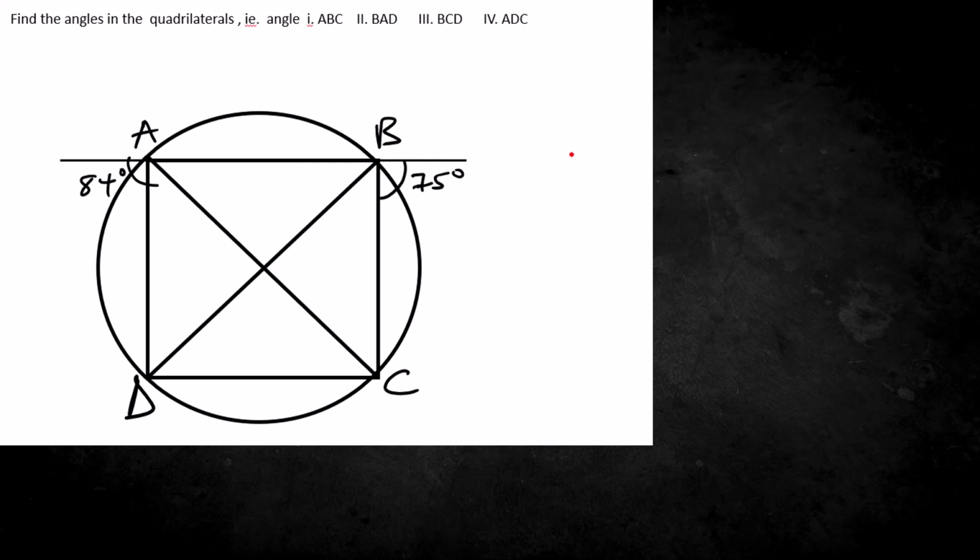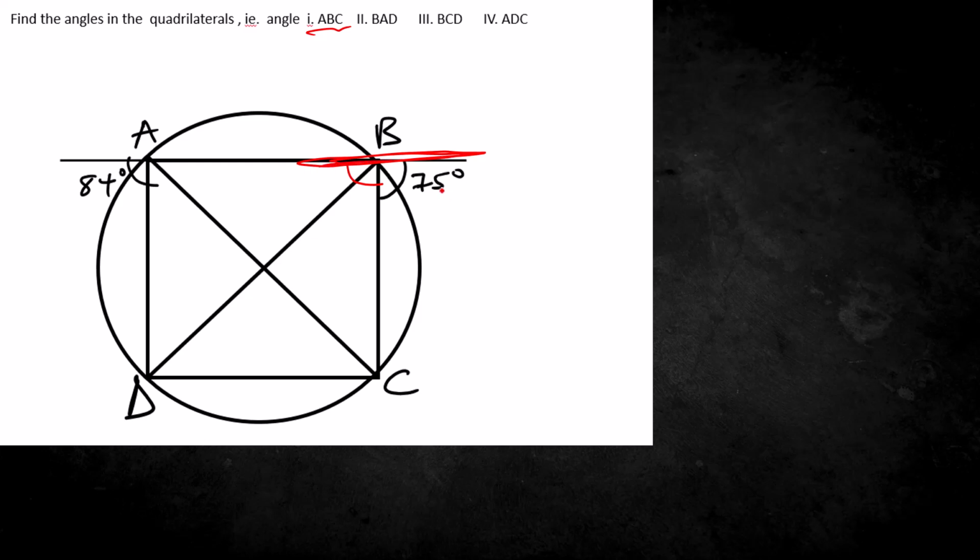Now let's find the angles in the quadrilaterals here. So we have B, we have A, we have D, we have C. This one is not 100% accurate. Now let's see how we can find ABC. It's this side, but we can extend this line. So this side is giving an angle on a straight line.